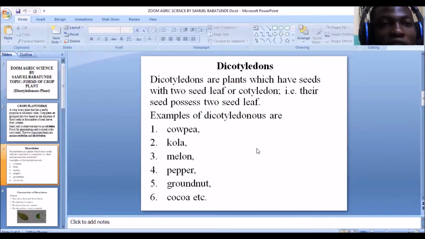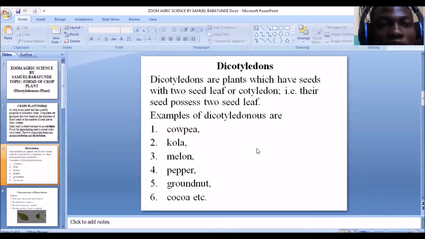All these are examples of dicotyledonous plants. They are dicotyledonous crops. I'll go over the examples again: cowpea, cola, melon, pepper, groundnuts, cocoa, mango, oranges, and so on. They are numerous.